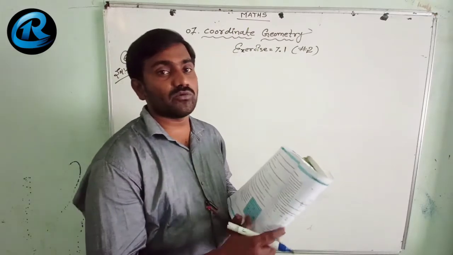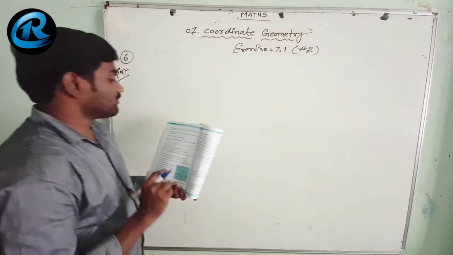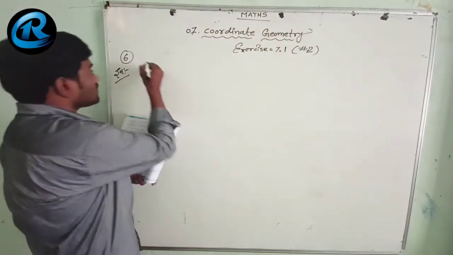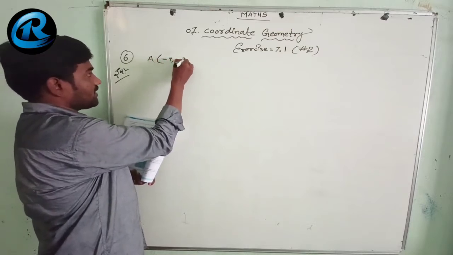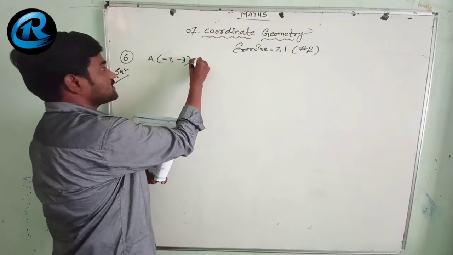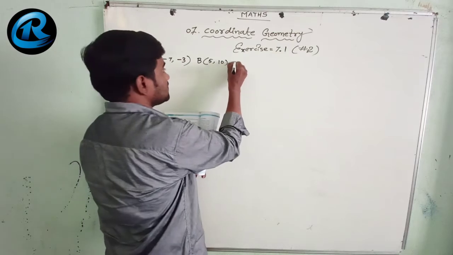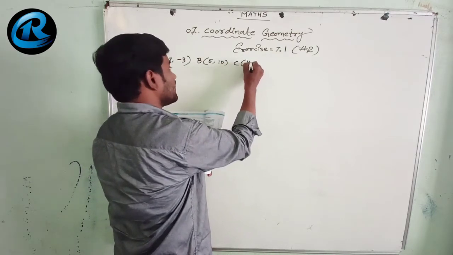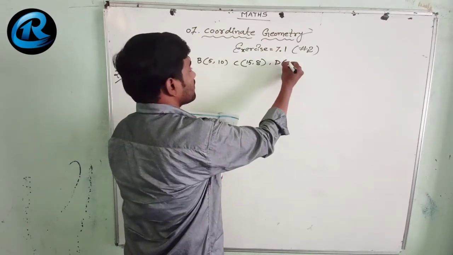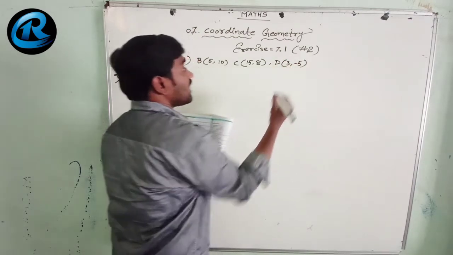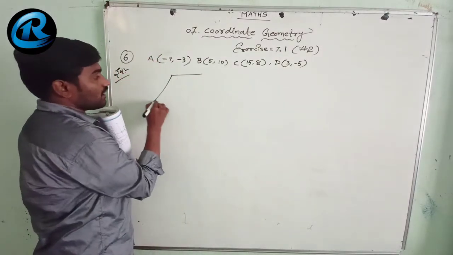So here we are going to use the distance formula. Let us take point A as (-7, -3), point B is (5, 10), point C is (15, 8), and point D is (3, -5), taken in order.